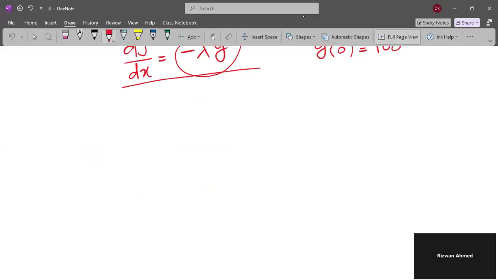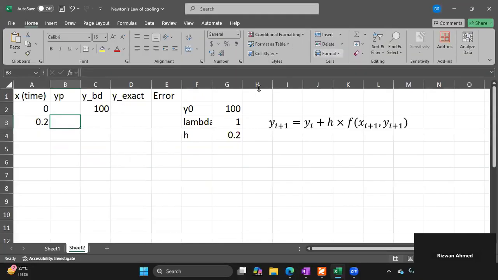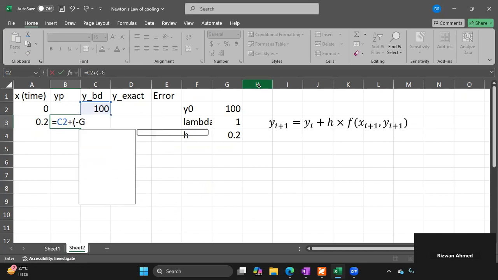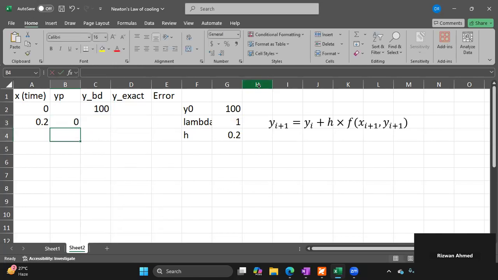Let's calculate that one. It is equal to y_i, the previous value, plus minus lambda value, which is $3, times the previous value of y.